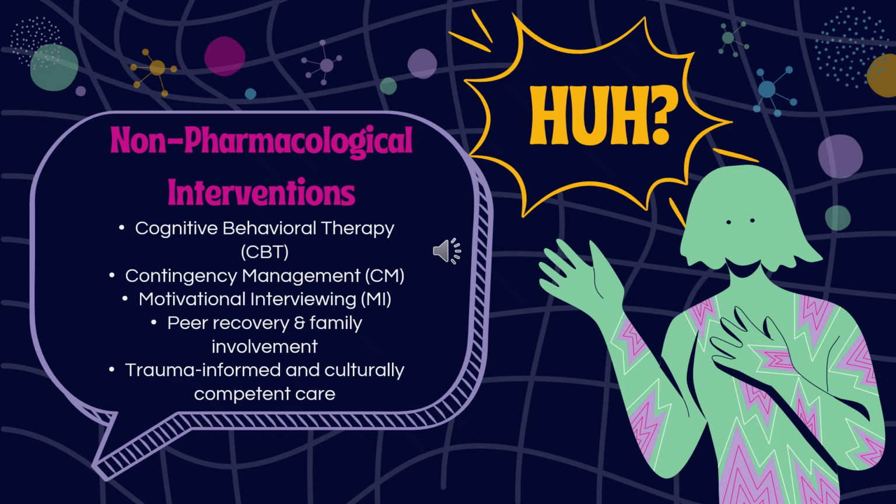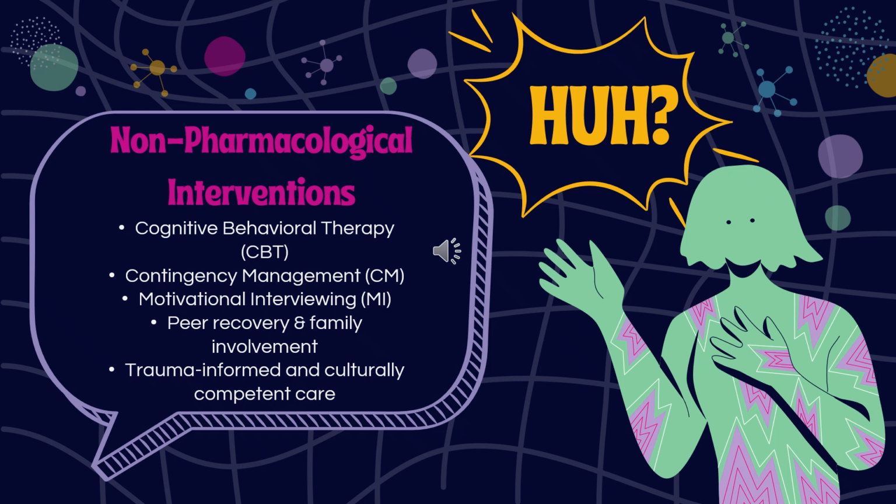Behavioral approaches are essential companions to medication-assisted treatment because they address the psychological and social components of addiction. Cognitive behavioral therapy helps patients identify and modify distorted thoughts and behaviors that contribute to substance use. Contingency management uses structured incentives to reinforce abstinence and treatment engagement.